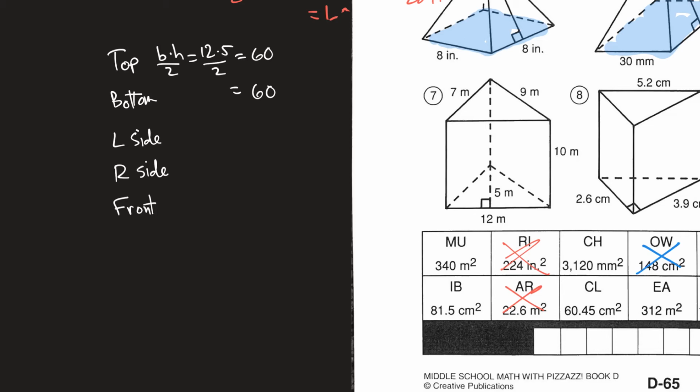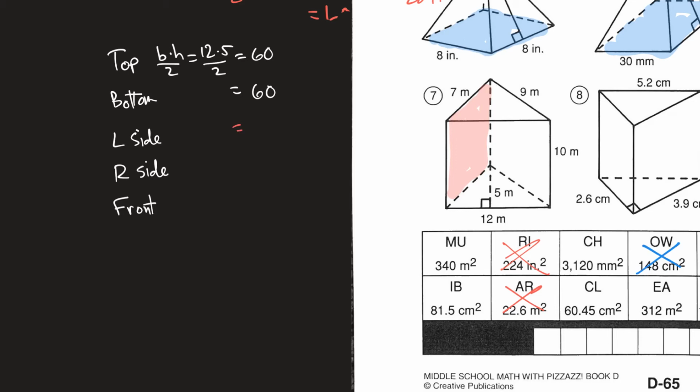Okay, the left side. What I'm calling the left side is this side here. And what are the dimensions? It's 7 times 10. I know this is 10 because that's 10 right there. So 7 times 10 is 70.